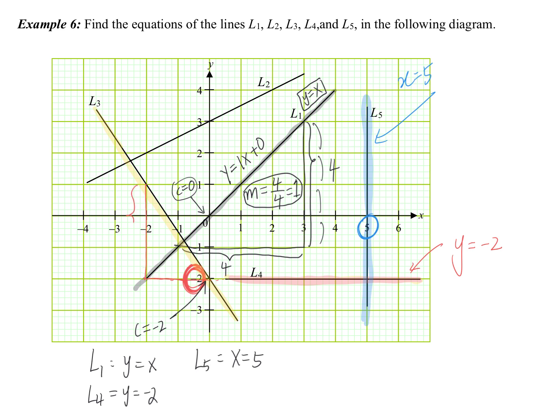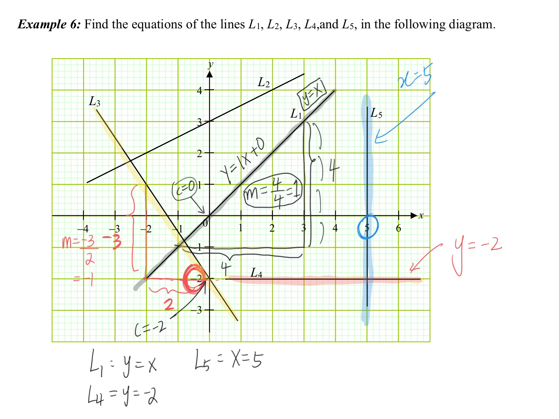How many units has it risen up? Okay, in fact, it's going down. So it's going down by 3 units. So negative rise. Then horizontally, you always run this way, right? So 2 units. So what is the gradient? Rise over run.